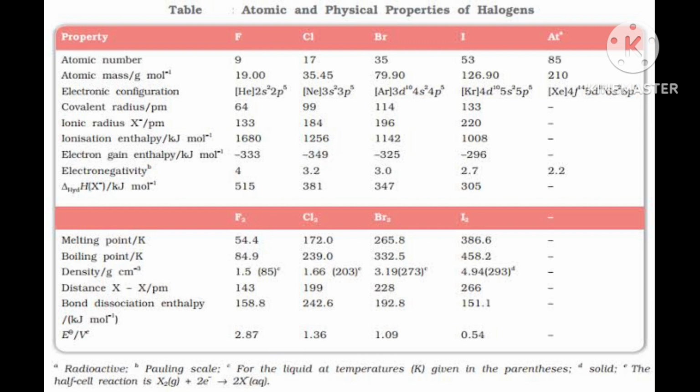How do I give the explanation? Halogens have the smallest size in their respective periods and therefore high effective nuclear charge. As a consequence, they readily accept one electron to acquire noble gas electronic configuration.